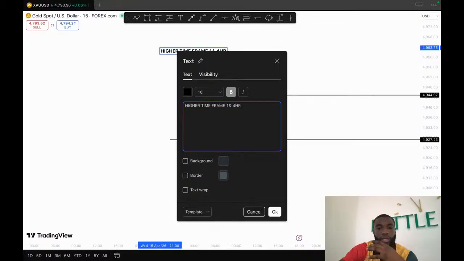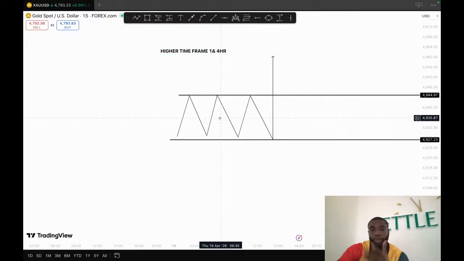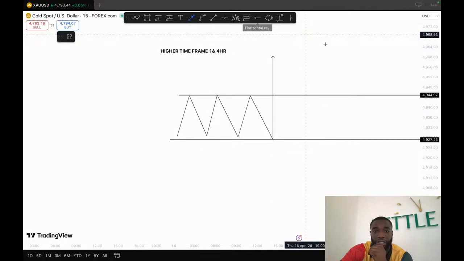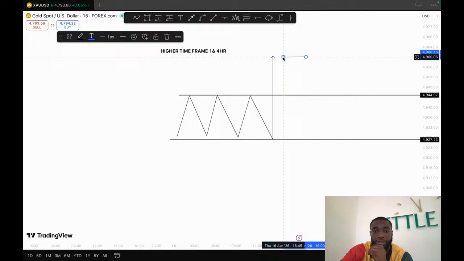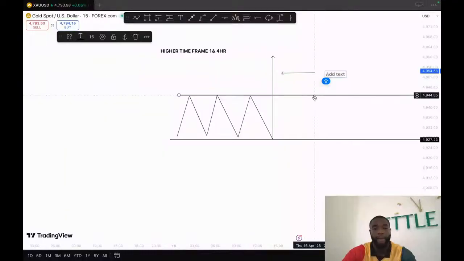So supposedly we have a break on the 1 hour. This is our indication. I'm going to label this so that everyone can follow along. This break here happens on the 1 hour. So let's indicate the indication.